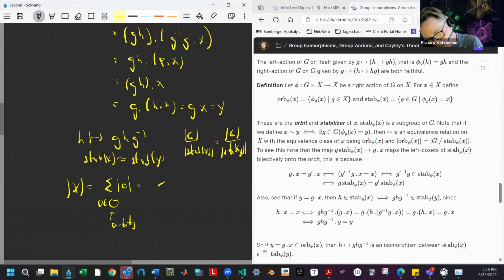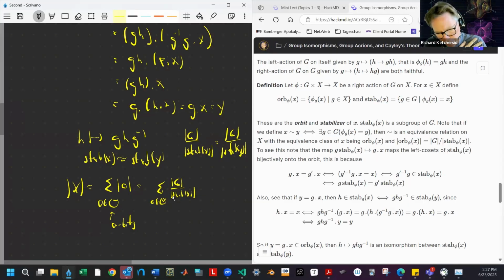And then this is the summation of the size of g over the stabilizer of x, where x is in one of these orbits. Doesn't matter which one. That's what we just showed. So maybe we should associate some number to the orbit that's the size of the stabilizer. I don't know that that has a name.